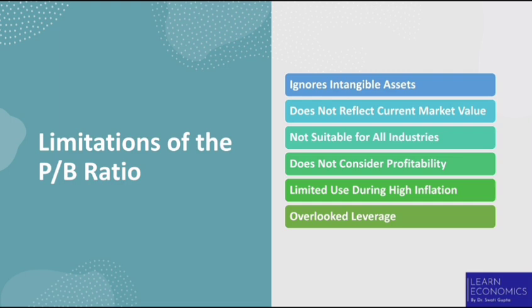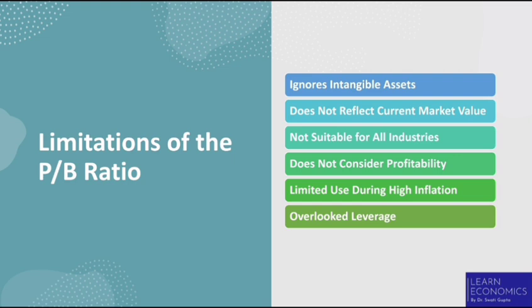For example, a consulting firm with very few physical assets but a strong brand and talented employees will have a low book value. The PV ratio may suggest it is undervalued even though it is growing well. Fourth, doesn't consider profitability.